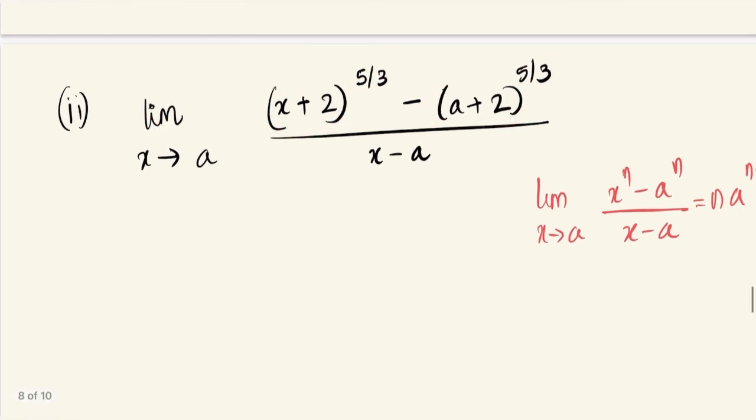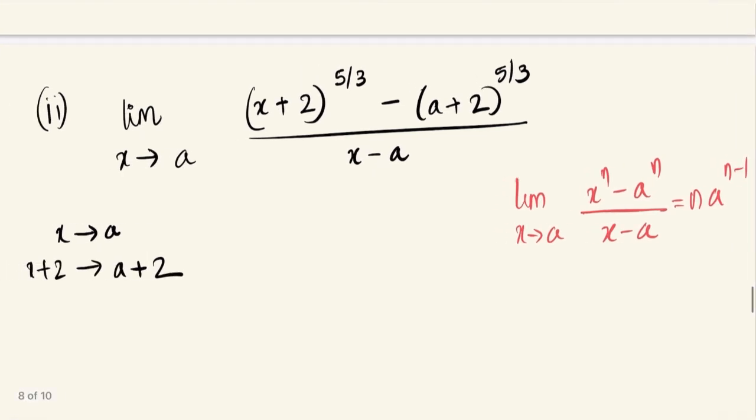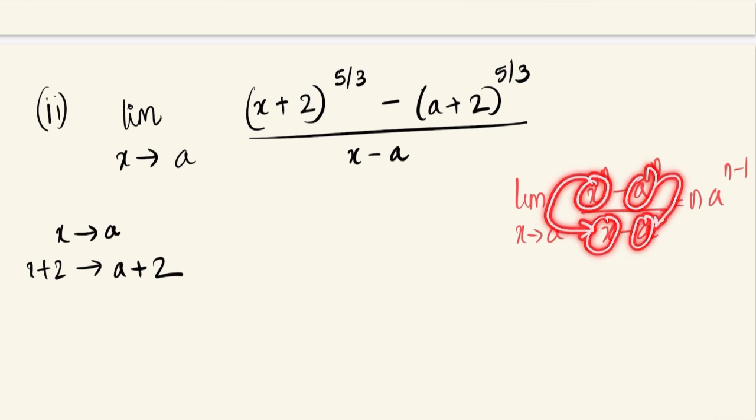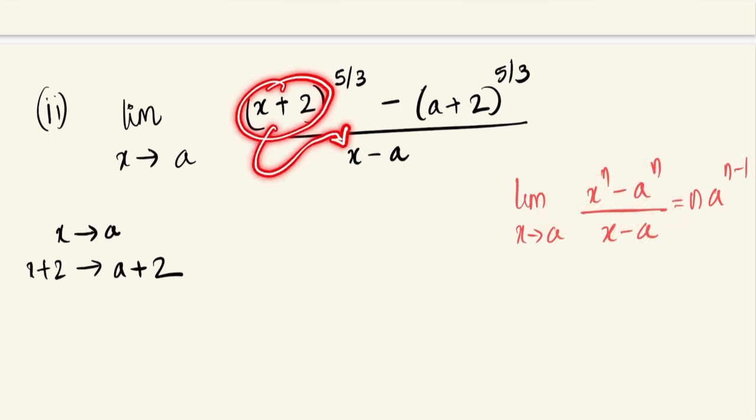But that is again kind of obvious, because if x is approaching a, if I add 2 on both sides, I can say that x plus 2 approaches a plus 2. Also, you can see one more thing: whenever there is a variable x over here, there is x over here. If a is over here, there is an a over here. In this case, there is an x plus 2 over here, but there is an x over here.